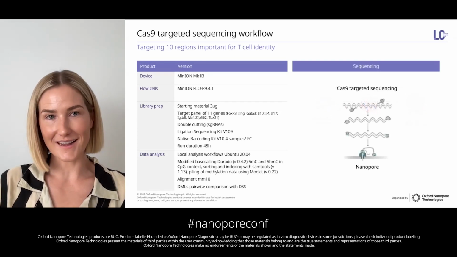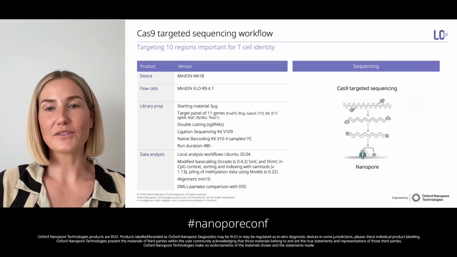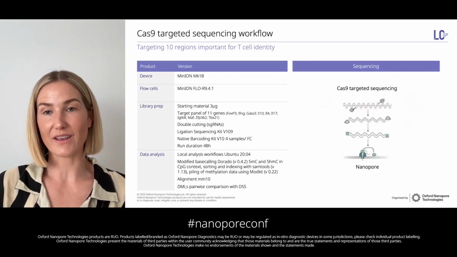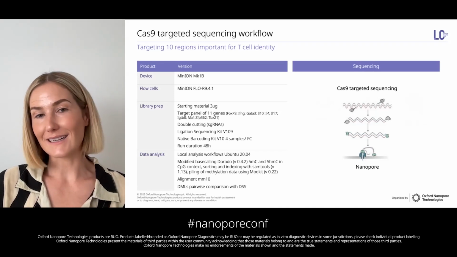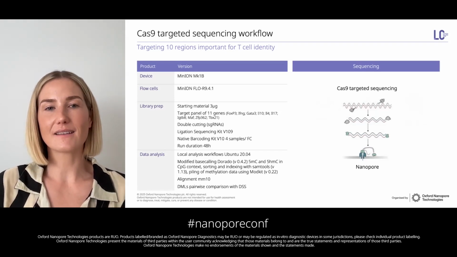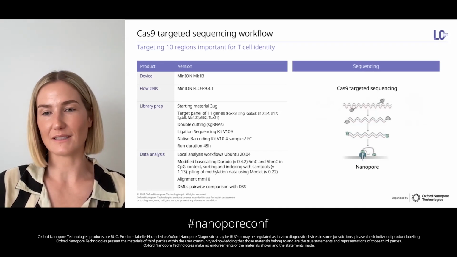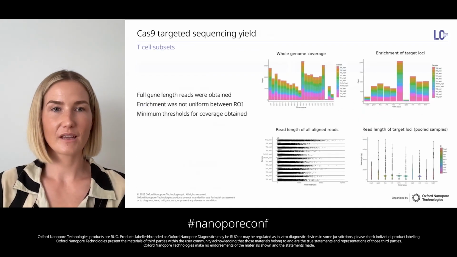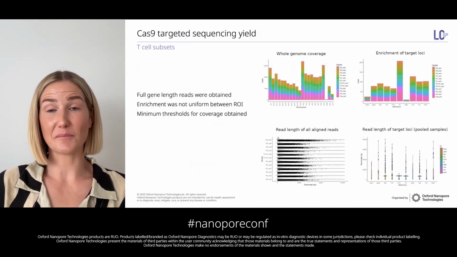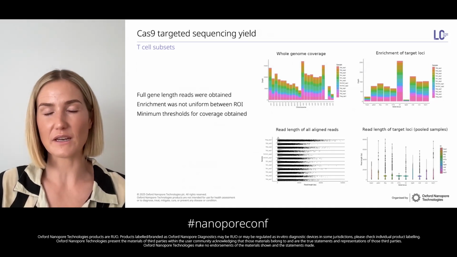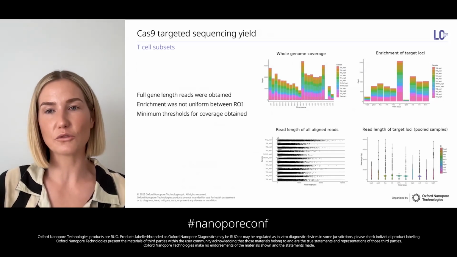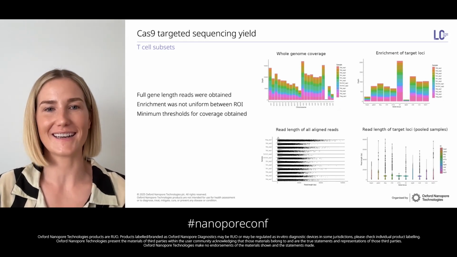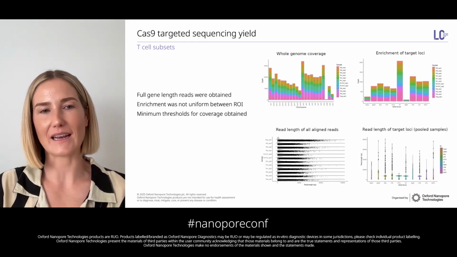If you haven't heard of Cas9 targeted sequencing, you first block available ends of DNA, and then you enrich in specific regions of interest with Cas9 guided RNPs. So it requires a lengthy library prep to enrich in your regions prior to sequencing. With this method, we obtain full gene length reads, between 10 and 25 kilobases, which is a huge region to be able to enrich in and obtain a full gene length read.